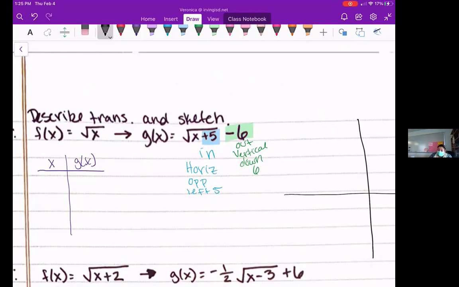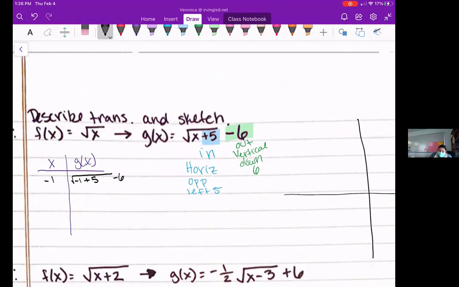So obviously, if I do 0, you're going to see that the square root of 5 is not perfect, right? But what is perfect? Well, 4. How can I get 4 out of that? If I let x be -1, let me show y'all that work. -1 plus 5, right? Then outside, -6.